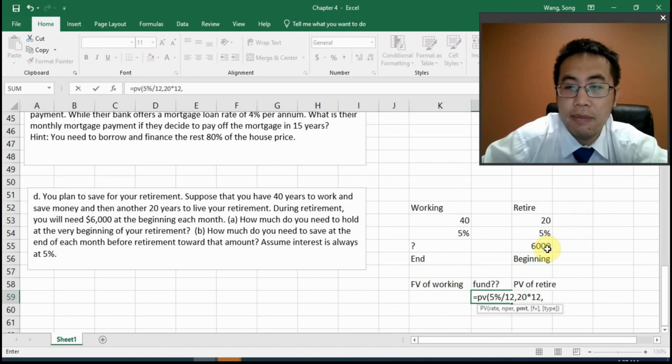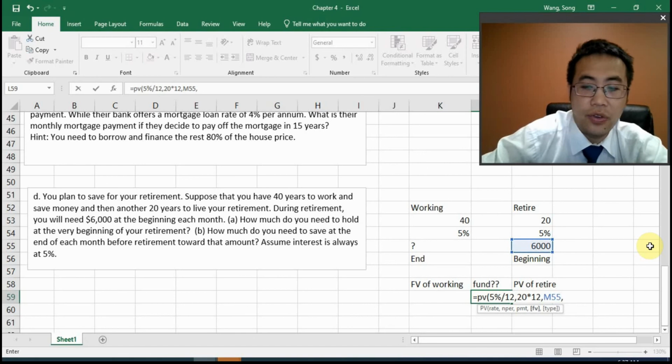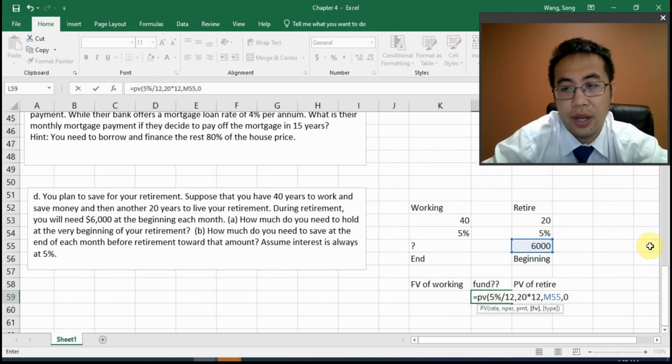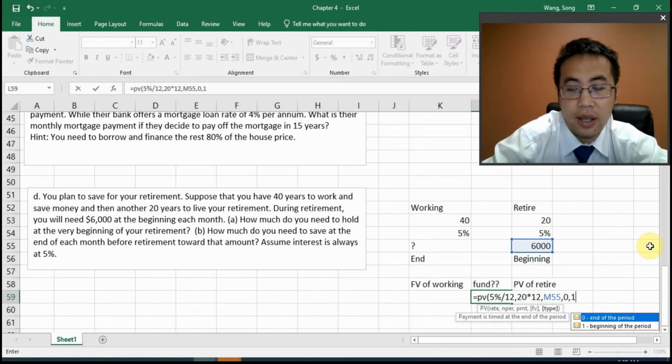And this is the payment I'm going to receive. That is $6,000. And the future value is 0 because after 20 years of retirement, I don't receive any money, or I don't allocate some money to other people. So the future value here, future cash flow, is 0. And the type right here is 1 because I get paid at the beginning of each period.